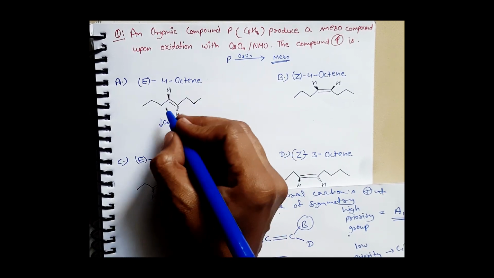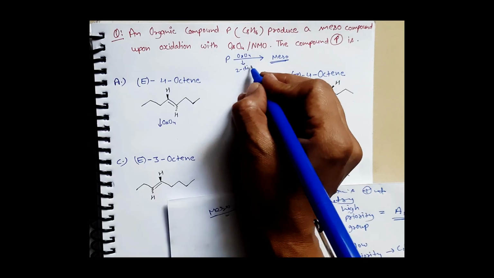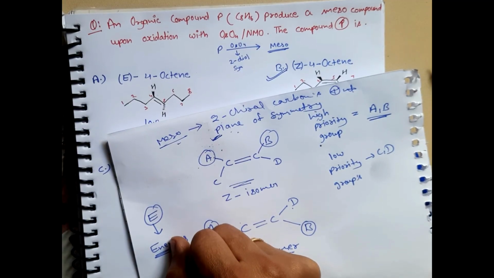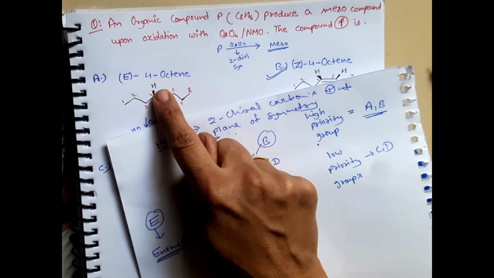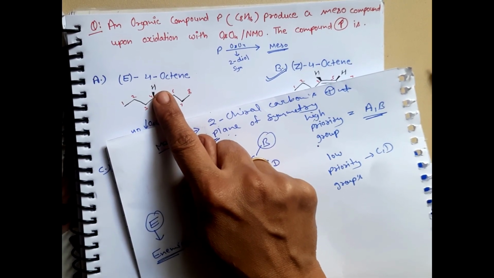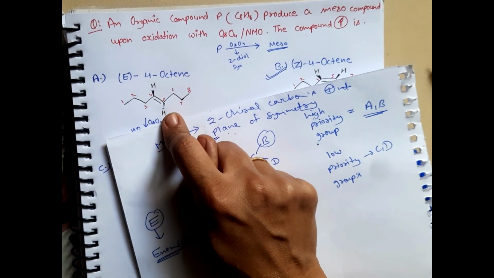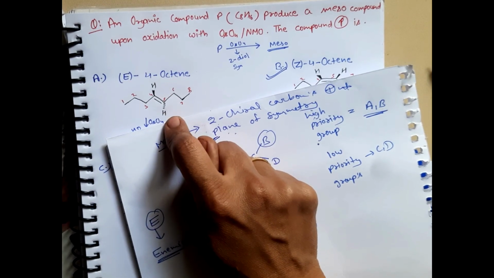Here we know osmium tetroxide gives a diol by syn addition. For our understanding, we draw hydrogen atoms like this, one on a dash position and one on a wedge position. We draw like this only to understand the stereochemistry of this product.